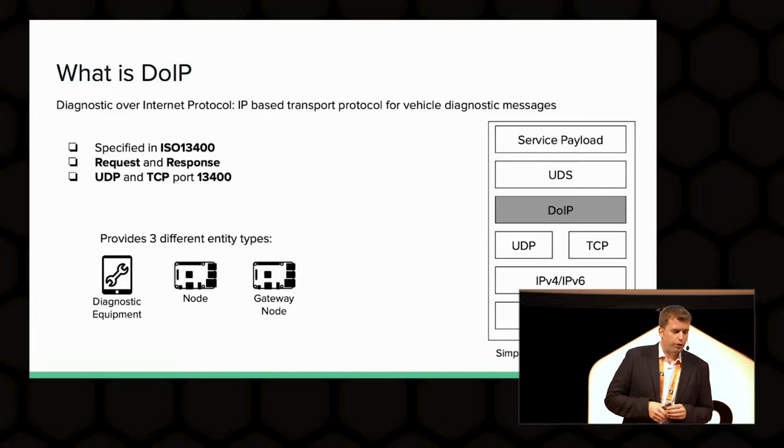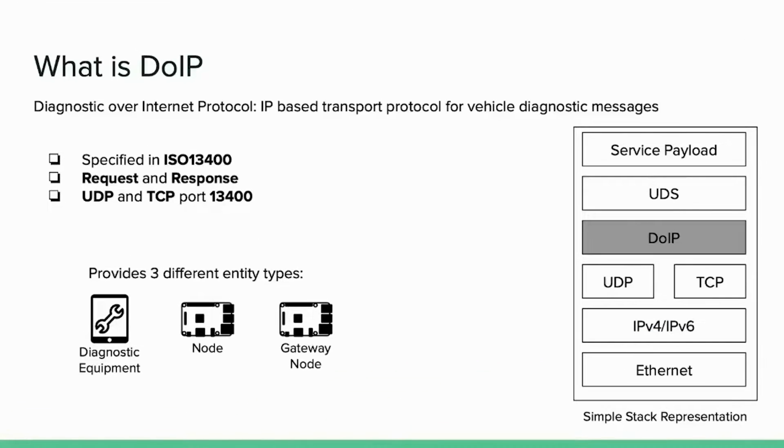To give you a better overview, on the right-hand side, we have a simple stack representation. So you see it's Ethernet, IP, UDP, and TCP, and then there comes DoIP, and above that is UDS, which I will explain in a second. And then you have the service payload that you send to the device.